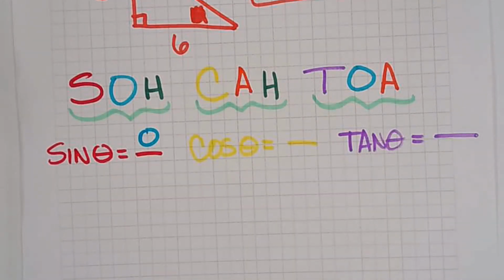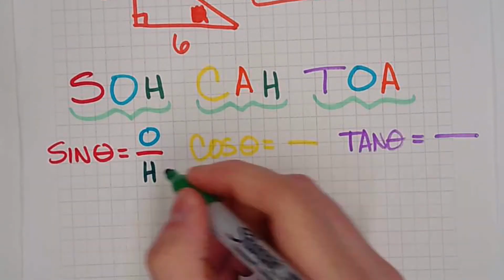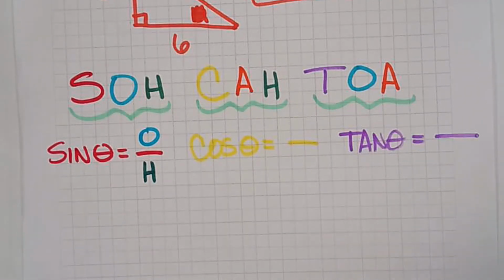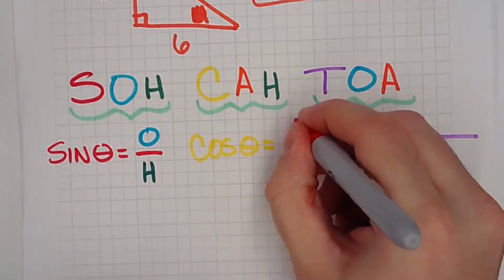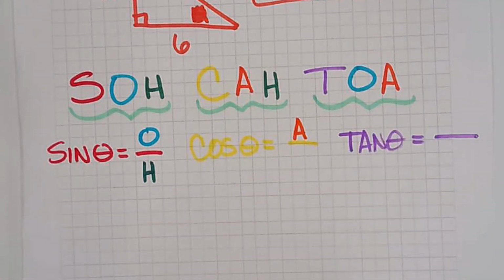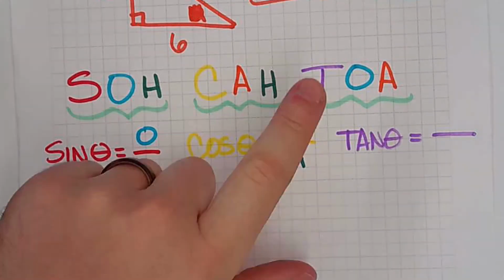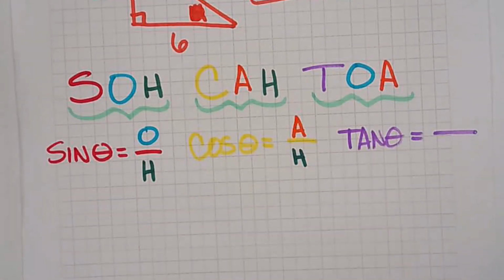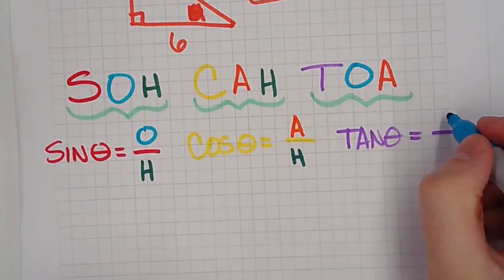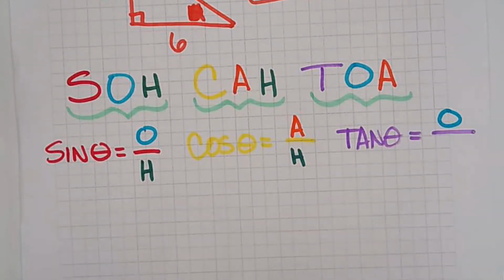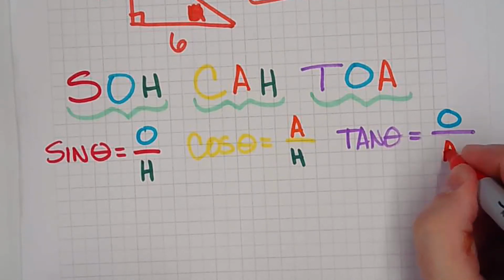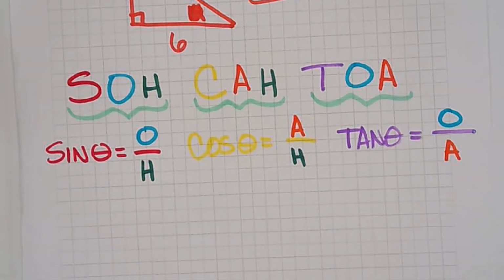The opposite over the hypotenuse, because SOH, CAH tells us that cosine is the what over the what? Adjacent over the hypotenuse. Is everybody with me? And then TOA tells us that tangent is what, Gabe? Tangent is going to be the what over the what? The opposite over adjacent. Very good. SOHCAHTOA. That's your job to remember it.